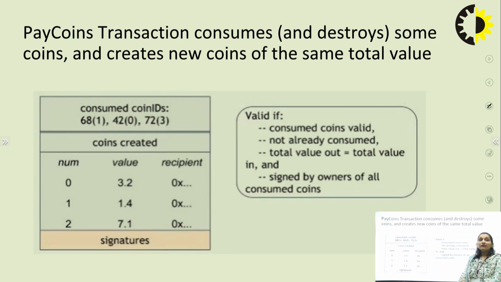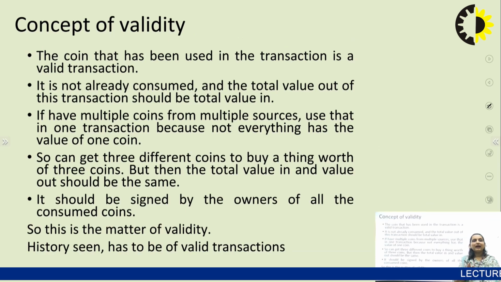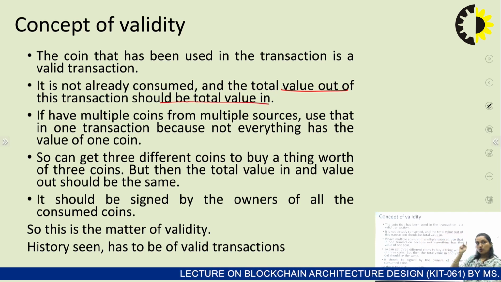Everything that is consumed: 72 has 3 transactions, 42 has 0 transactions, and 68 has 1 transaction. So we have to validate whether the digital coin is valid or not. If it is not consumed, the value out and value in have to be equal.